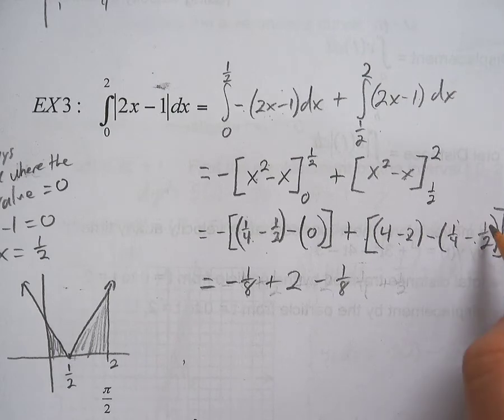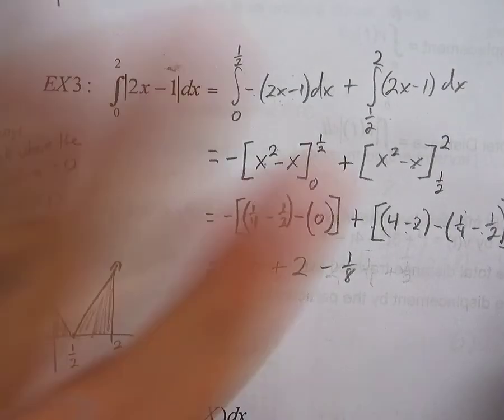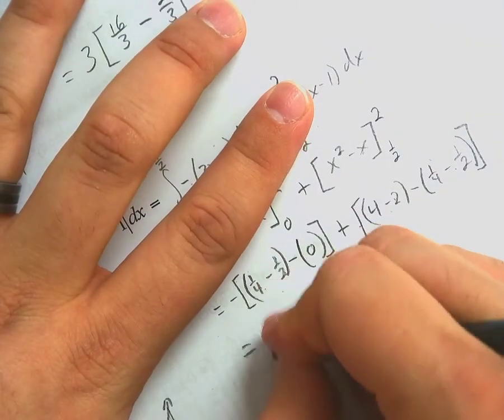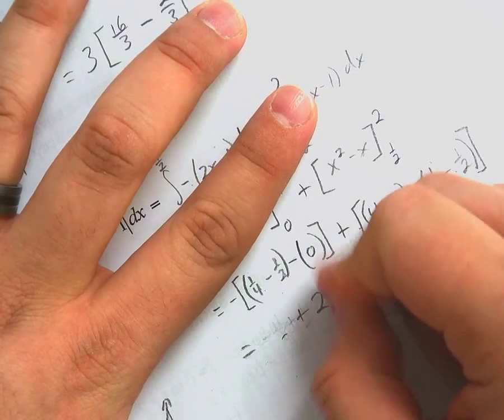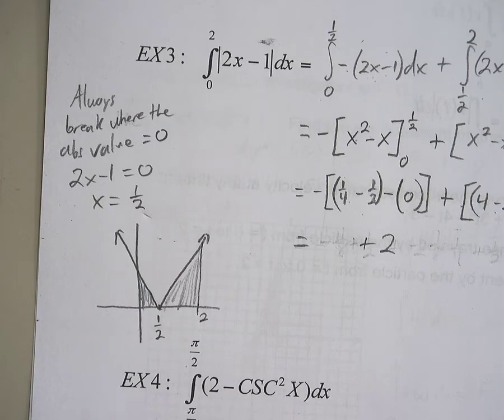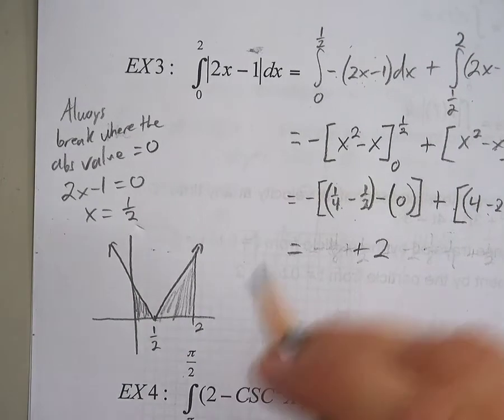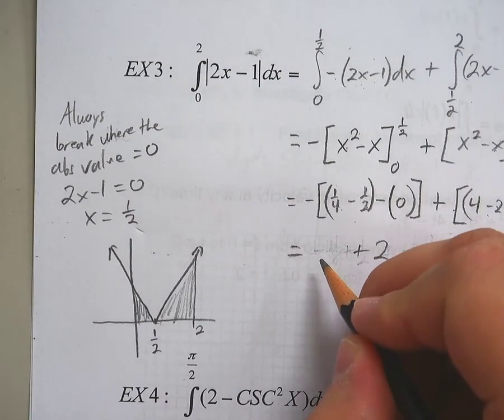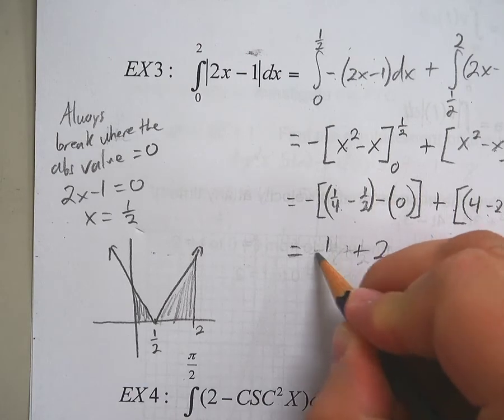2/8 minus, no, 1/2. Never do math this early in the morning. Oh, I can't think for some reason. 1/2. That's 1/4. There we go. So that's positive 1/4.